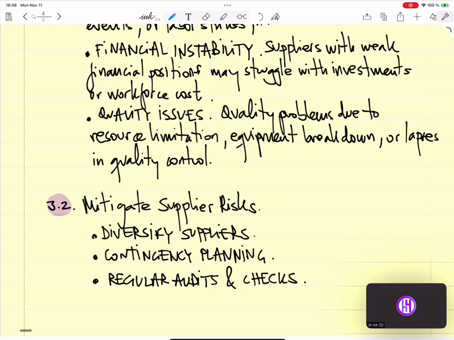And you want to have for sure financial health monitoring for your suppliers. So you want to regularly review your supplier's financial health because of the things that we mentioned above. Okay? So you want to review their financial statements or tracking credit ratings or whatever suits best. Okay? Any questions so far?